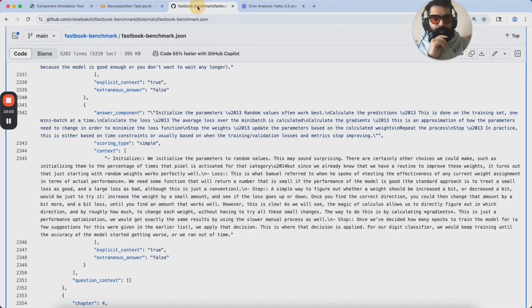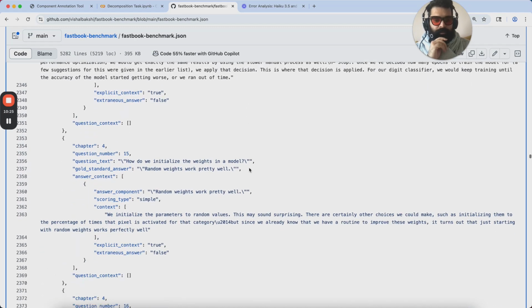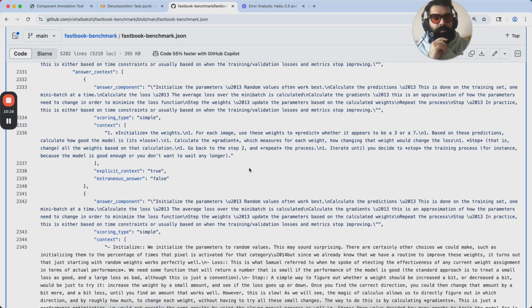So I think this is another example where, let's see, here's loss. Now that I'm looking at this, initialize the weights. For each image, predict based on these predictions, calculate its loss, calculate the gradient, step all the weights, repeat the process.